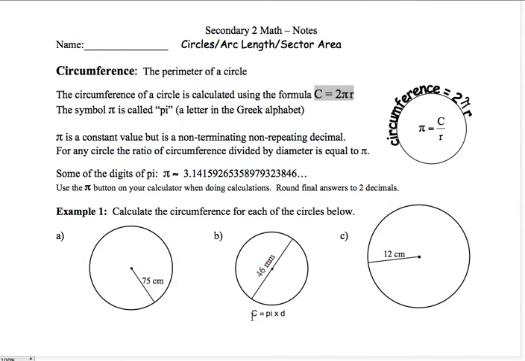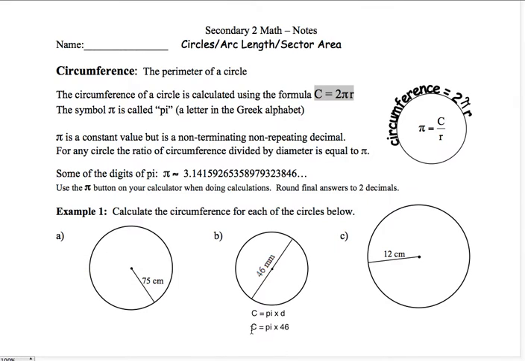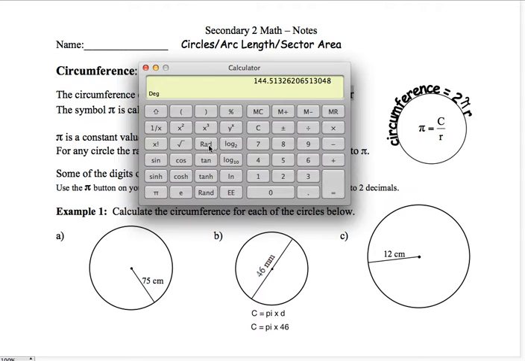So you've got your formula here, and then you put in what you know. I don't know the circumference, but I know that it's pi times 46 millimeters, right? So that's my line here, and then in my calculator, I did the calculations, and the number that I got was 144.51.